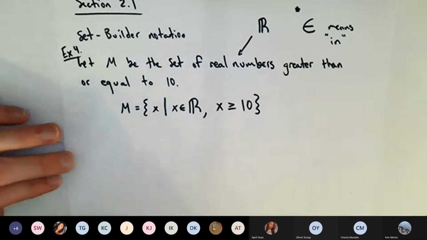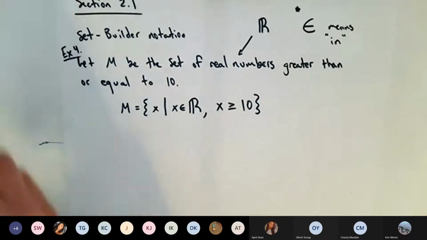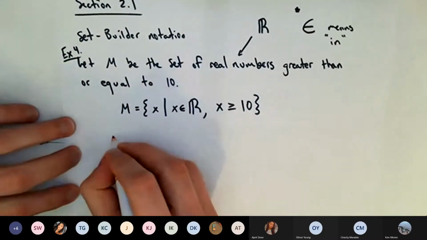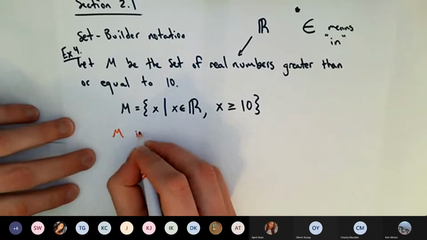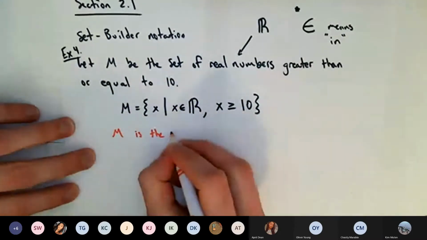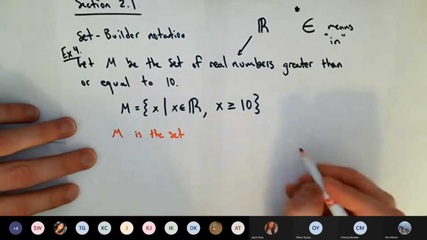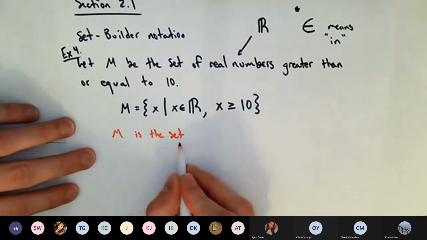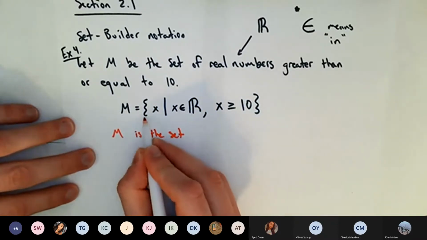Okay, so let me write down how you would read this just to make that clear. M is, so far M equals M is, and then the set. So the set, why am I saying the set? Well, that's what these curly brackets tell me.